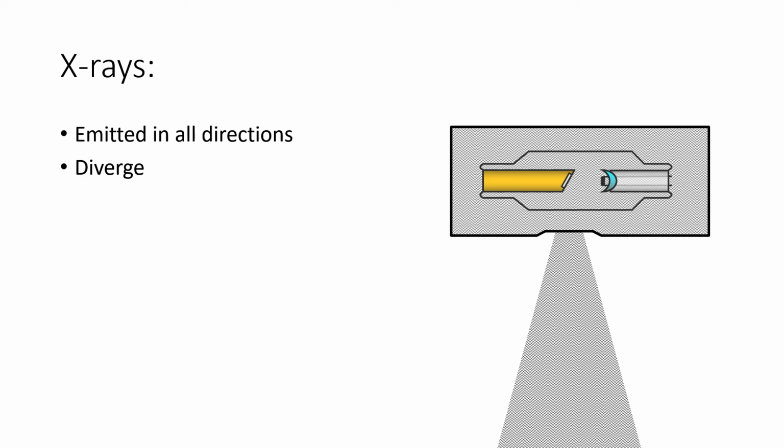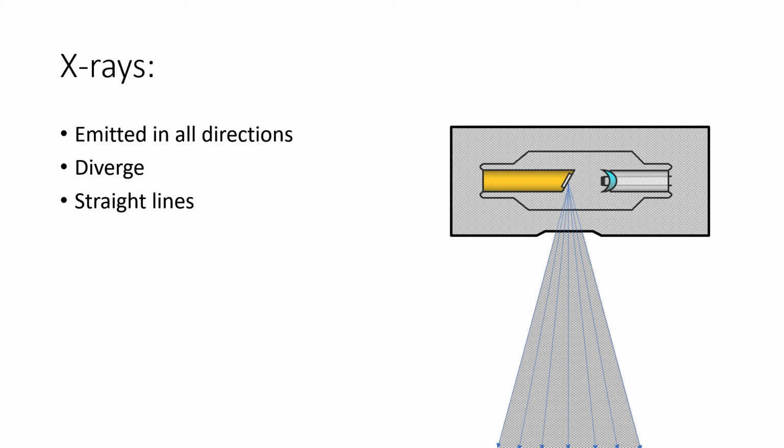Another important characteristic is that most forms of electromagnetic radiation will spread or diverge from their sources. While X-rays diverge from the source, they do travel in straight lines from the focal spot.